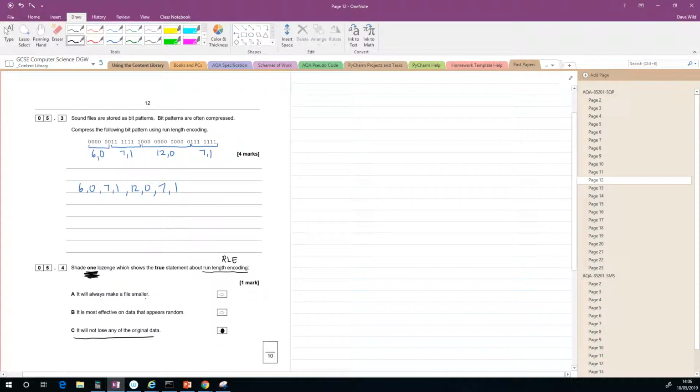It will always make a file smaller. That's not true. Why is it not true? Because if there isn't repetitive data, for images such as high-resolution photos, there isn't any particular repetitive data.